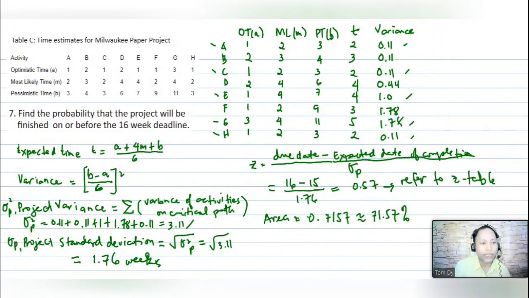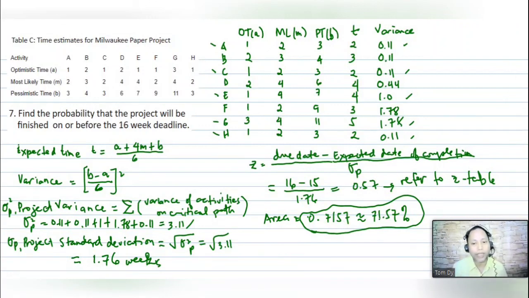So to answer our question, our probability is 0.7157, or 71.57%.